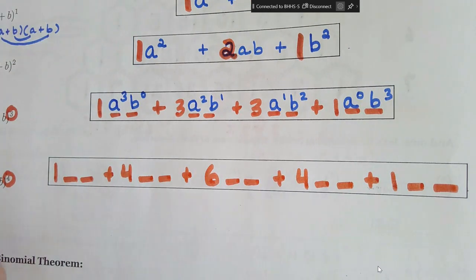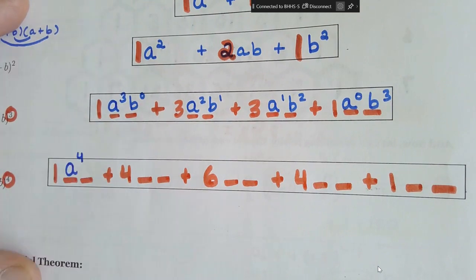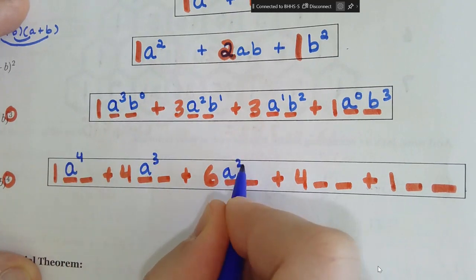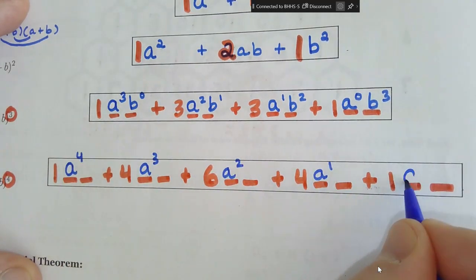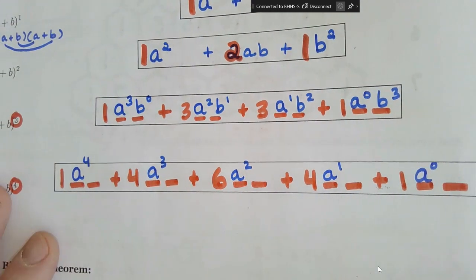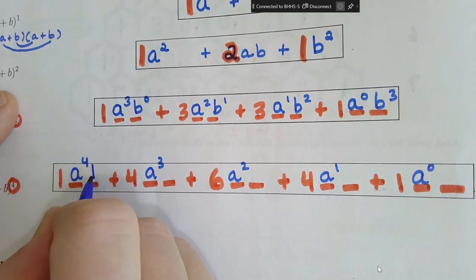Okay, and then degrees. This is going to go A to the 4th this time, 3rd, 2nd, 1st, 0. And then for the B's, just switch it.